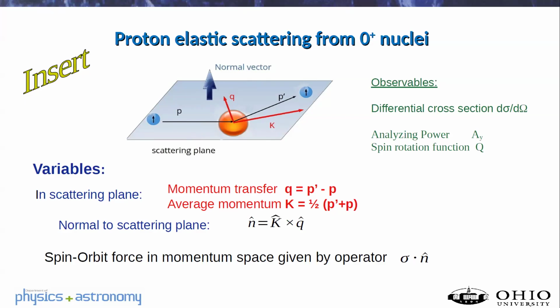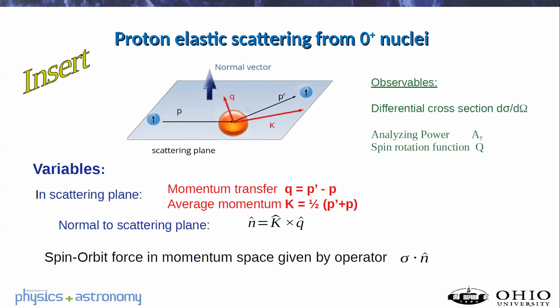And so that is the momentum transfer. And the average momentum lies also in the scattering plane. And you always have the normal to the scattering plane. And so in momentum space, remember the momentum space representation of the spin orbit is sigma dot n hat. And if you Fourier transform this, it turns out to become L dot S.